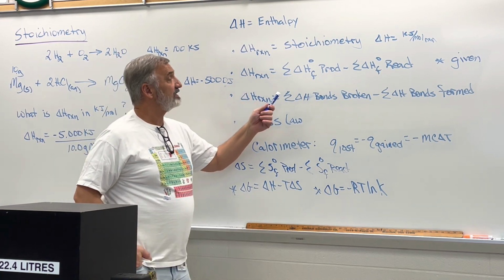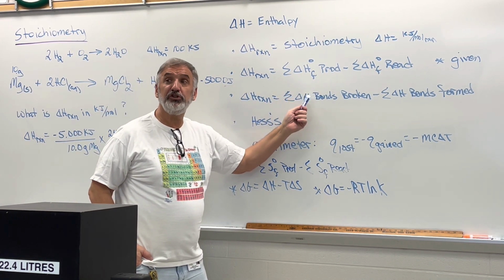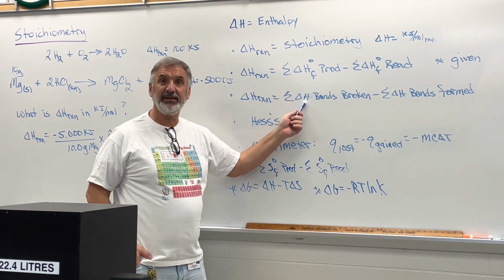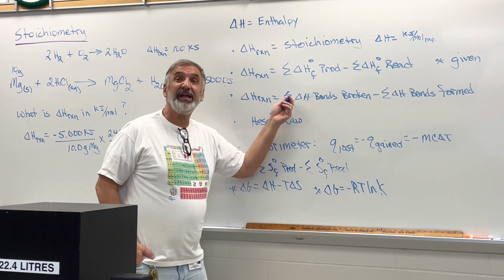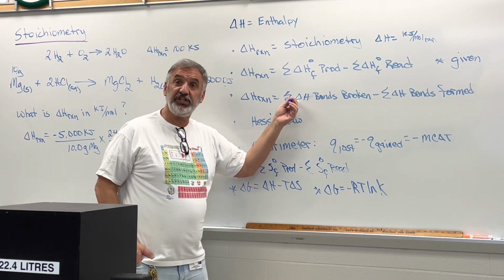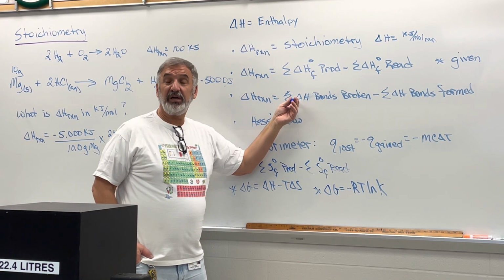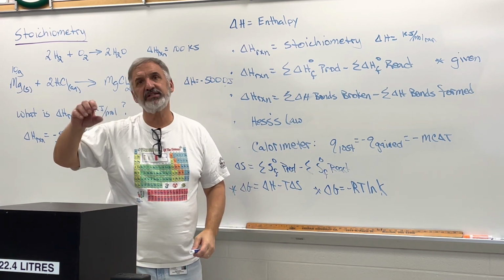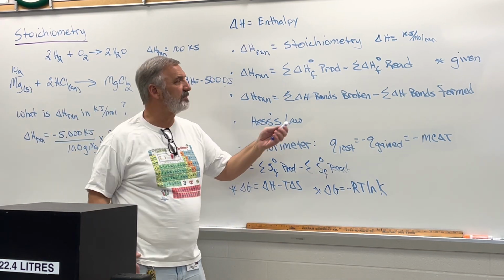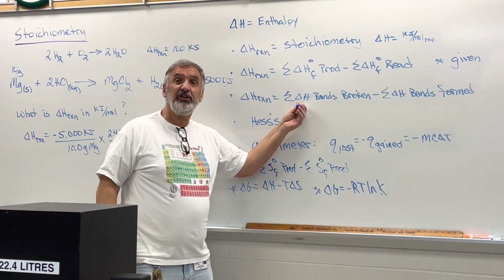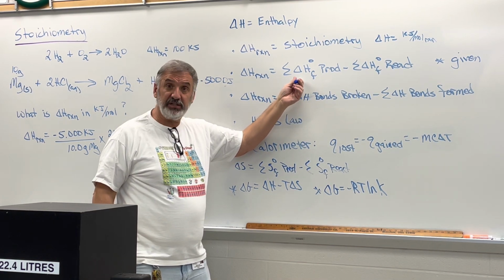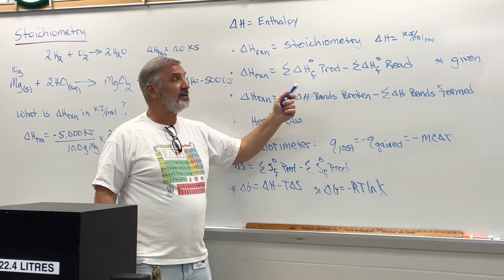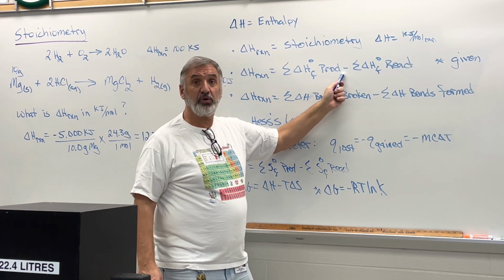Okay, now, listen. You guys sometimes get confused between these two, when to use them. This is whenever they give you bond energies. A carbon-to-carbon single bond has a certain bond energy, the energy needed to break the bond. If they give you bond energies, use this one. If they give you the heats of formation, you use this one. But this is given on the equation sheet.